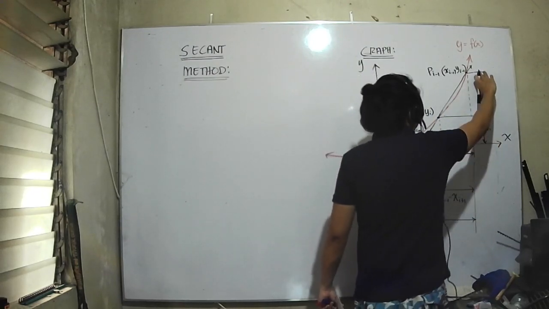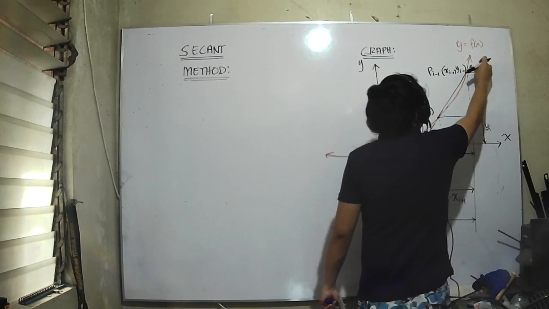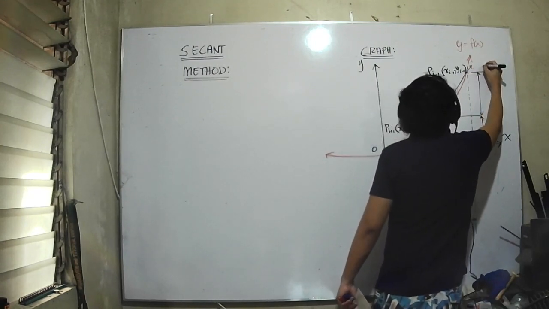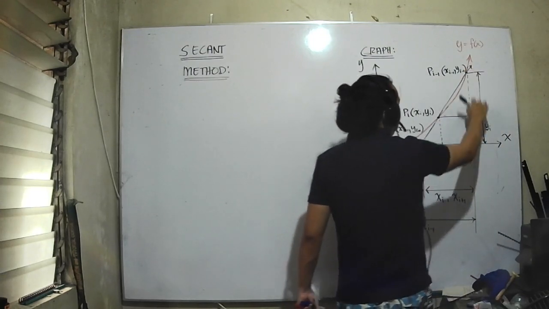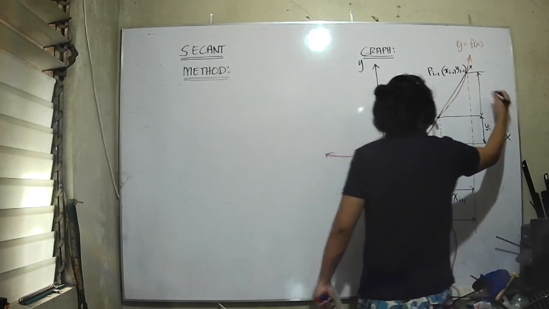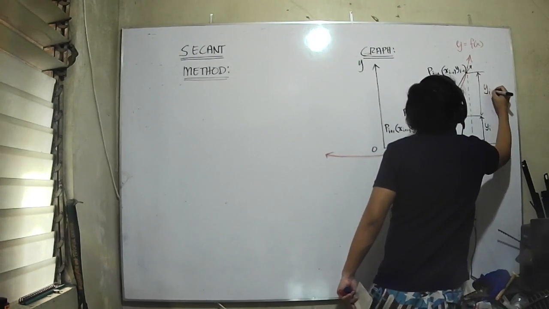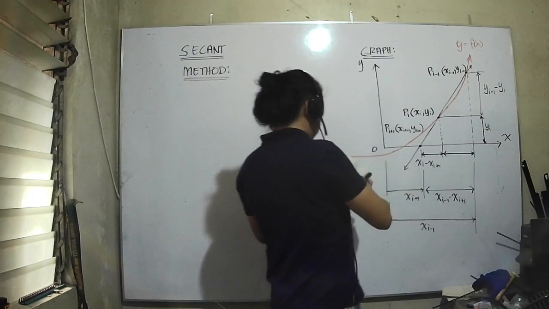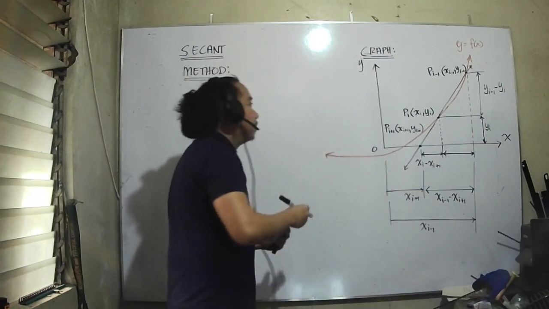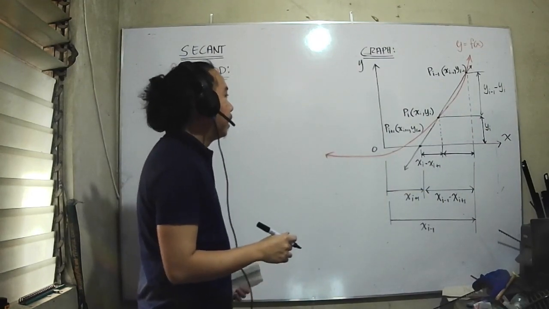This yi, this is kaya siya ang point, this is yi minus 1. Kani siya paingon dito. So if that is yi minus 1, this is yi, then it should be equal to yi minus 1 minus yi. Okay?